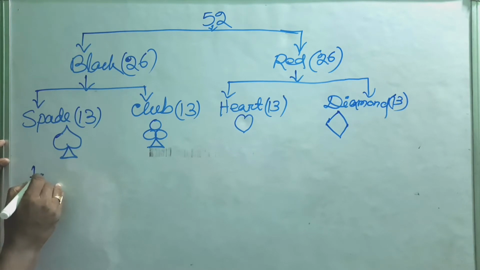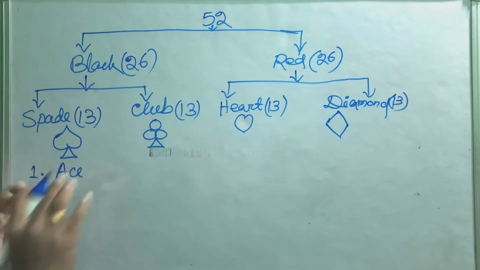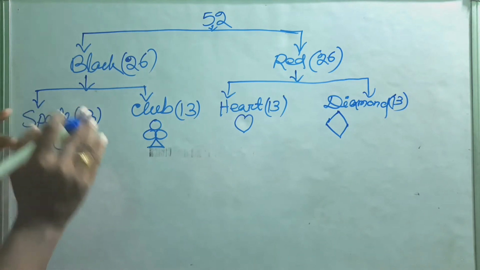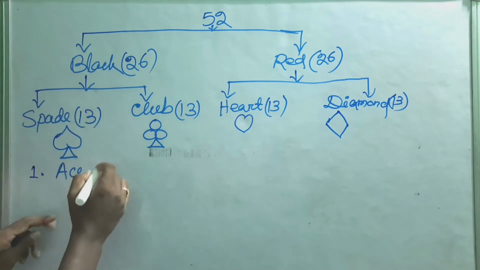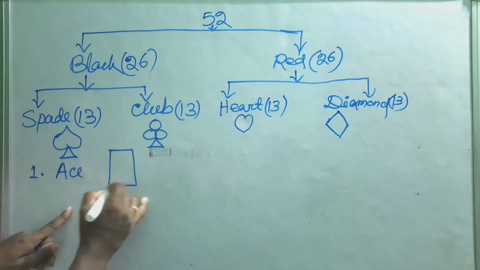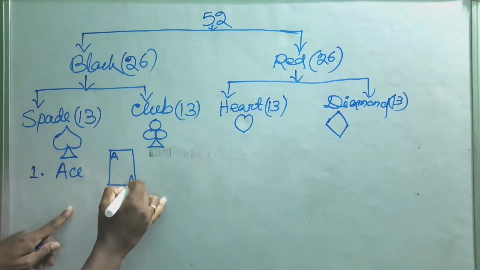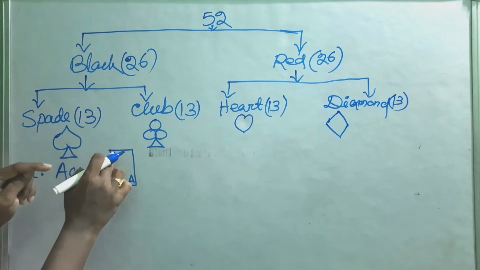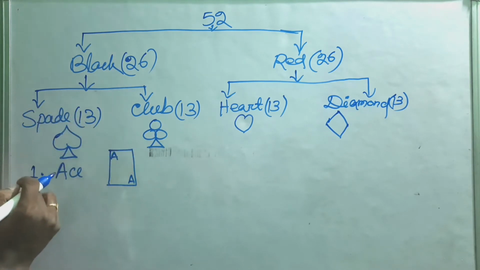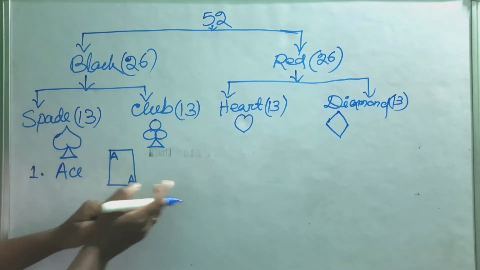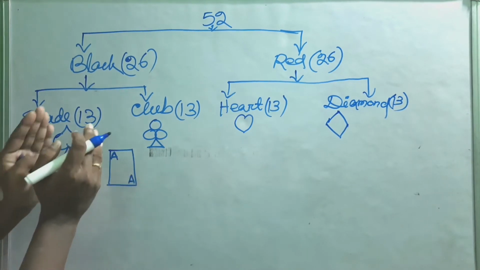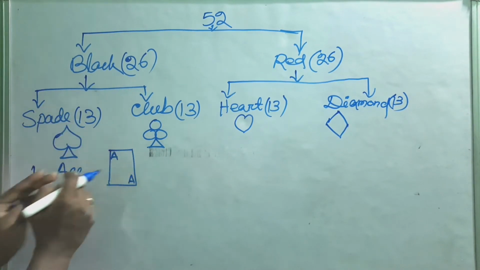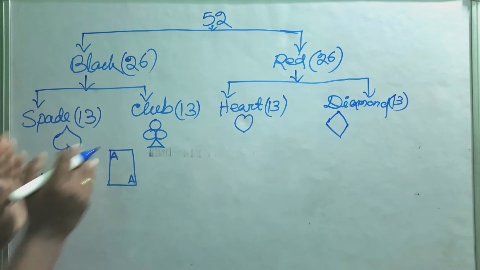Do you know what the symbol of an ace is? In a card it is represented like this, A. The letter A is written on the top left corner and on the bottom right corner. So this is the representation of ace in a playing card.